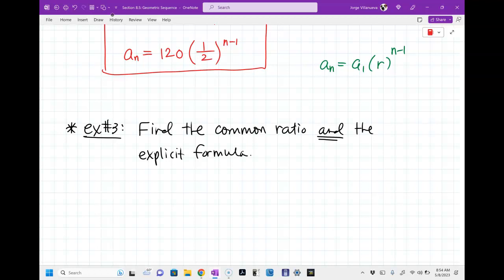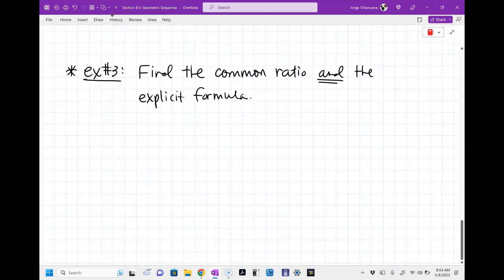So find the common ratio and the explicit formula. And I'm going to do one from your homework, and then we'll move on. So let's see. We'll do 2, -10, 50, -250.